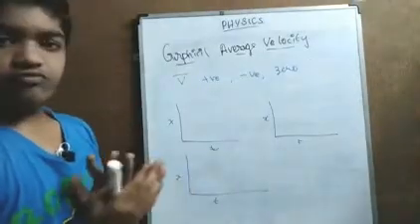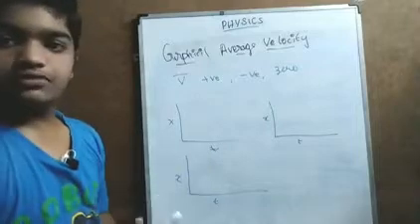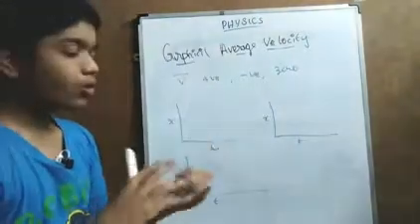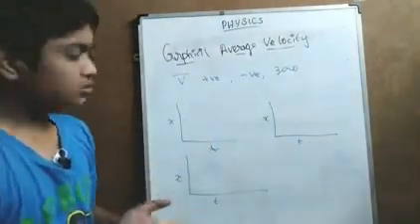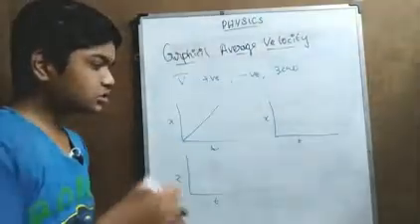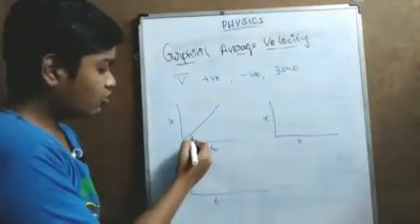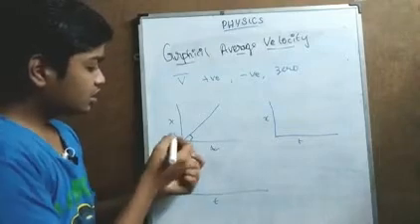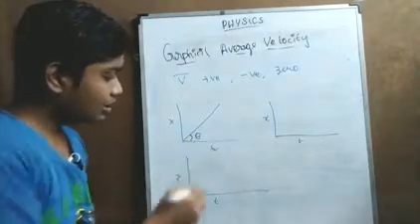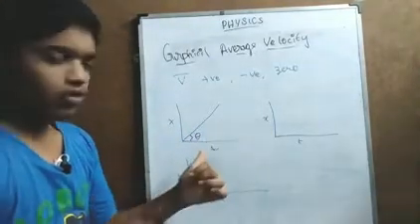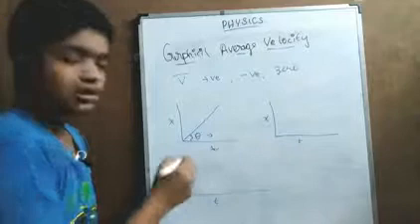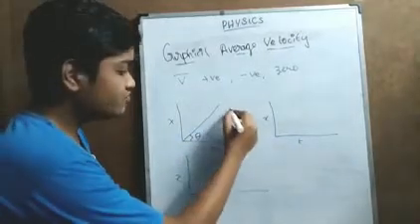We are going to see the value of average velocity in the graphical method. The average velocity can be positive, negative or zero. How do we express this in a graph? Consider the motion of any object with respect to the t axis. If the angle made by the line is an acute angle, then the v is positive.